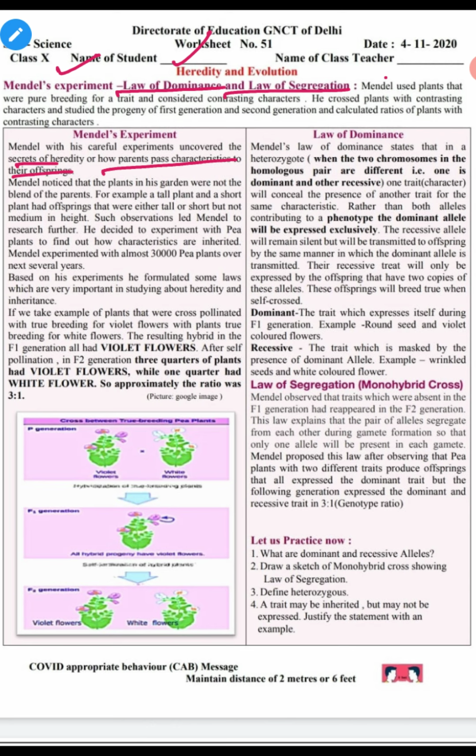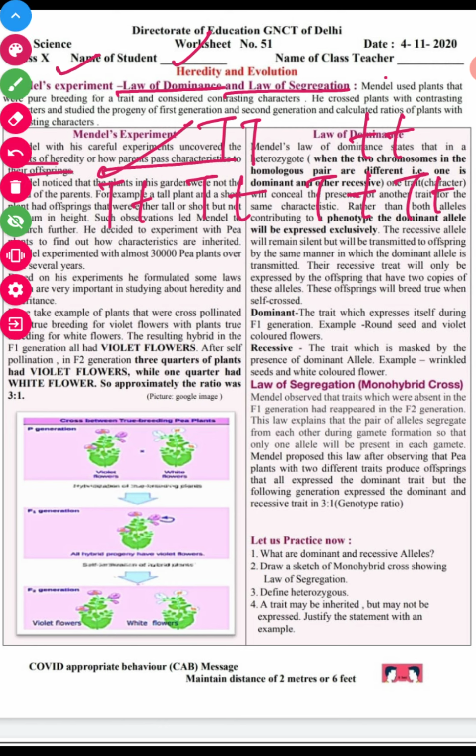Mendel noticed that the plants in his garden were not a blend of their parents. Means what? If a tall plant and a short plant are crossed with each other, they do not have medium height, but they all are tall, right?